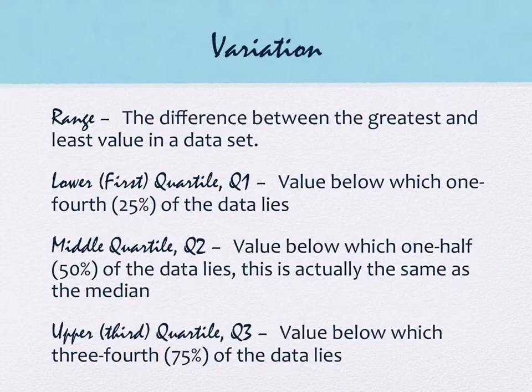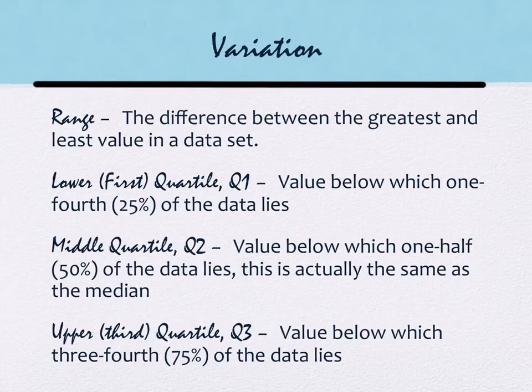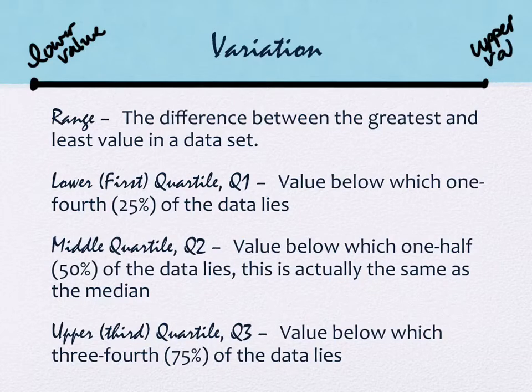Okay, so in terms of a picture of a number line of what's going on, this number here at the beginning is your lower value. Sometimes they call it a lower extreme. This one is your upper value or upper extreme. In the middle, dead center, what's the middle value called?